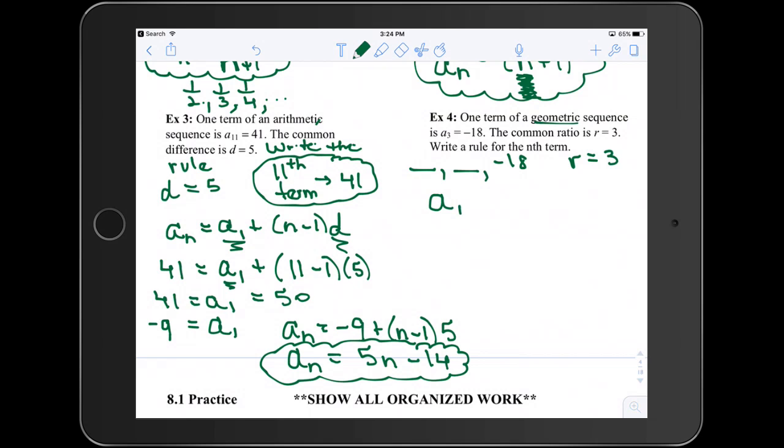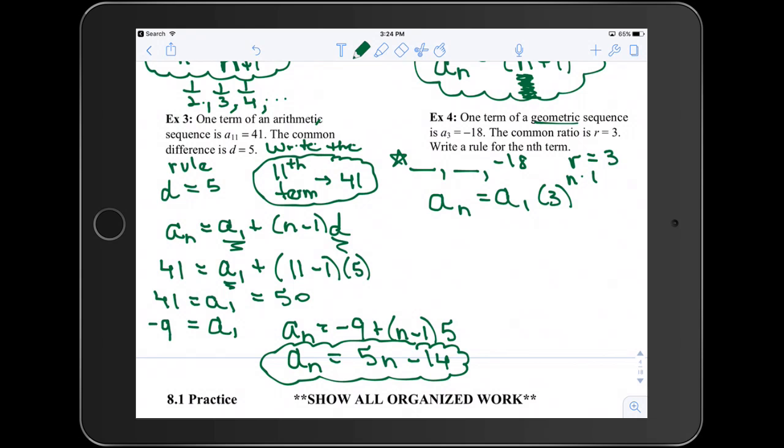I wrote this example so you can physically see that the third term is -18. But then I worry that people are not going to follow what I'm saying. So here's what, as I'm talking: a sub n equals a sub 1 times 3 to the n minus 1.